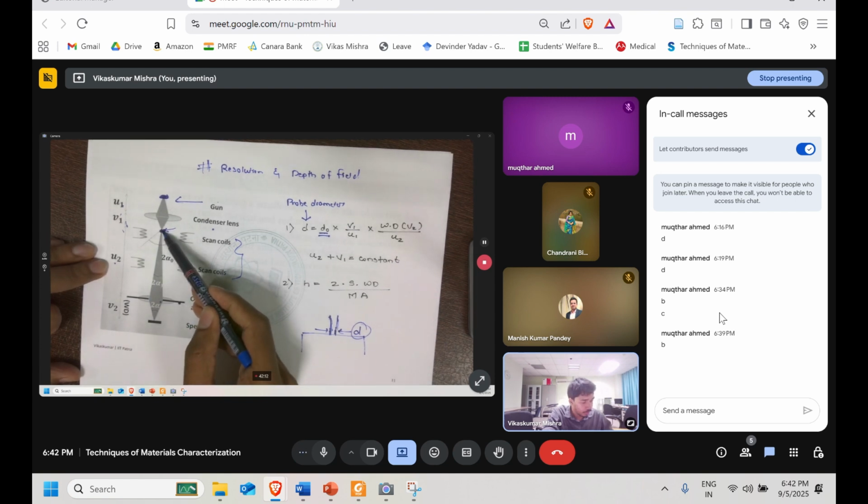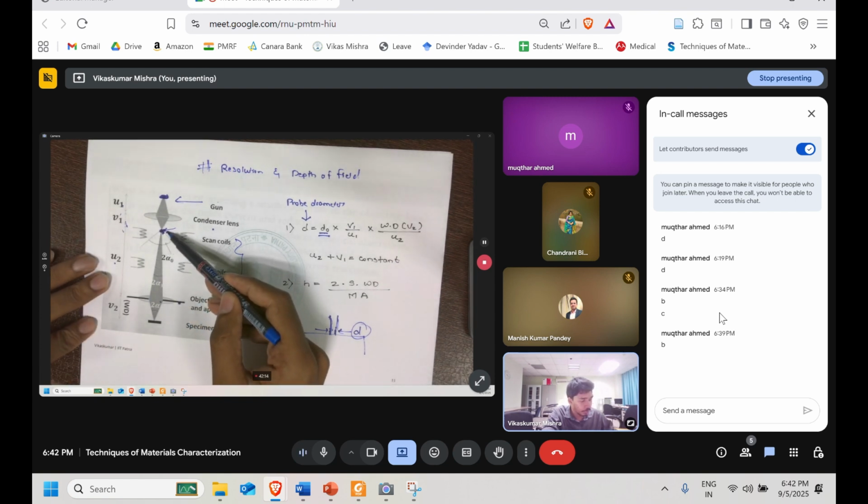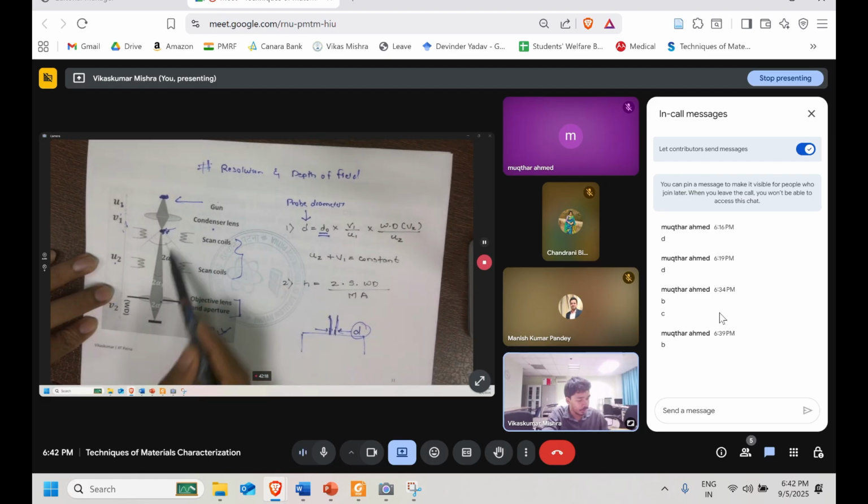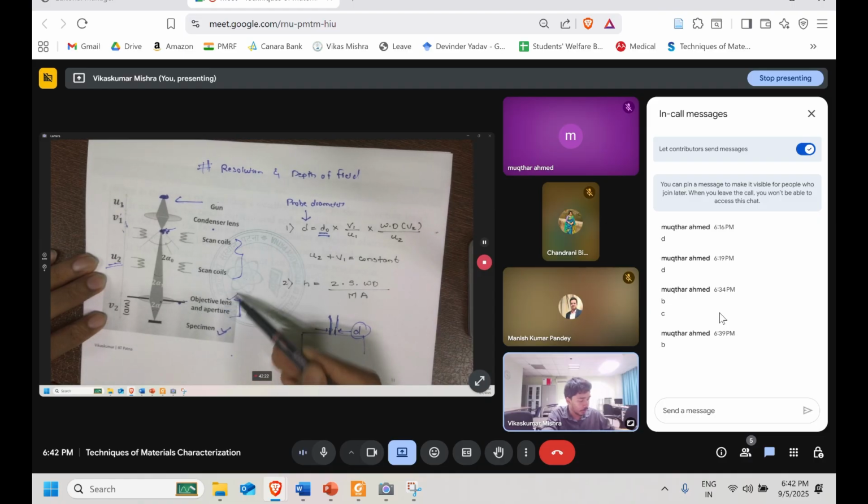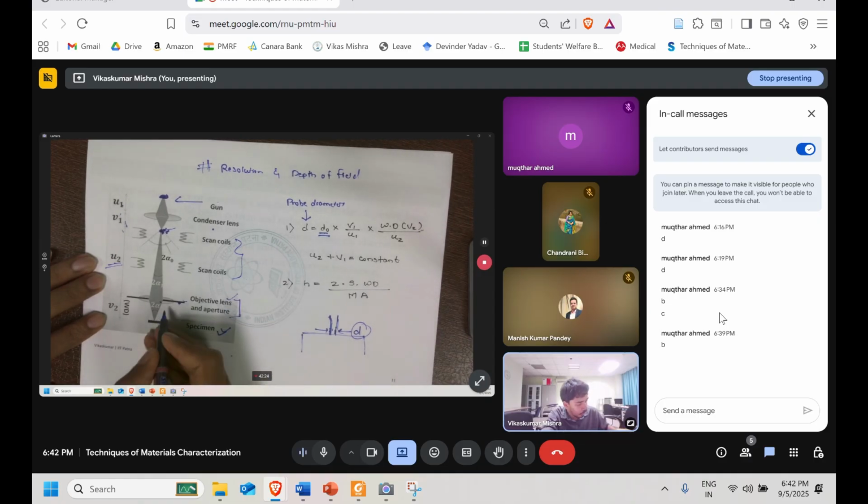From the focal point of the condenser lens to the objective lens, this distance is U2. And the distance from the objective lens to the specimen, always remember, this is very important, is V2, which is known as the working distance.